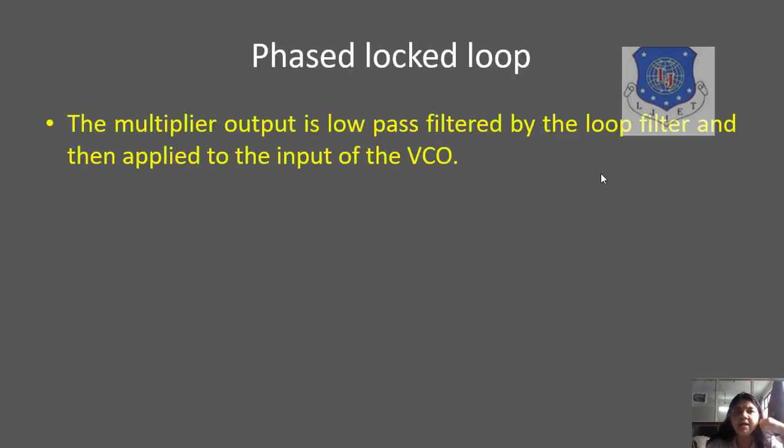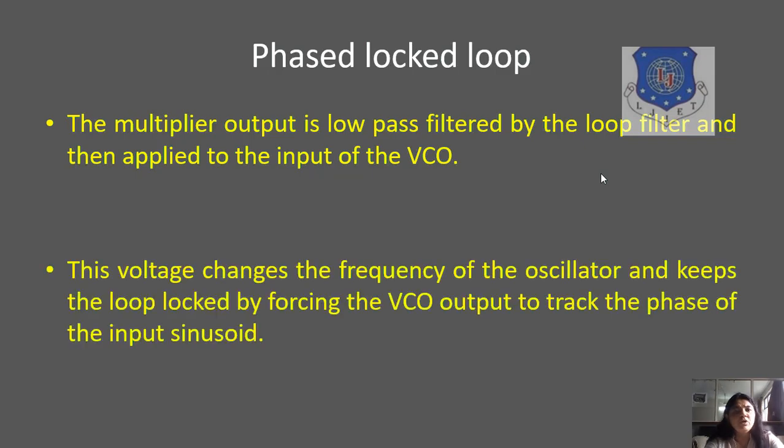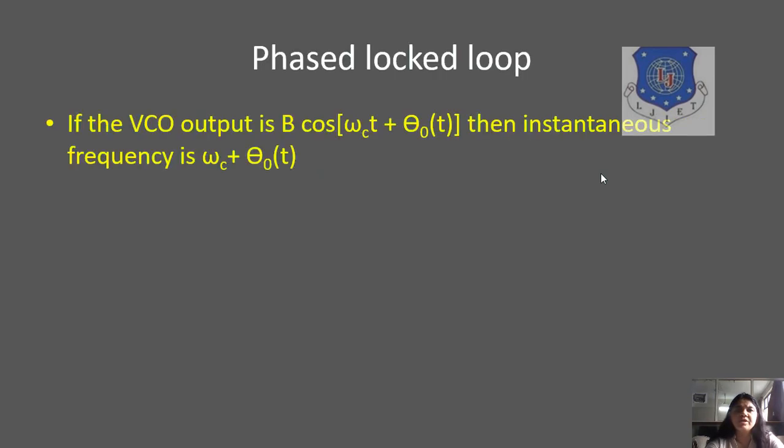The multiplier output is low pass filtered by the loop filter and then applied to the VCO. The voltage changes the frequency of the oscillator and keeps the loop locked by forcing the VCO output to track the phase of the input sinusoid.